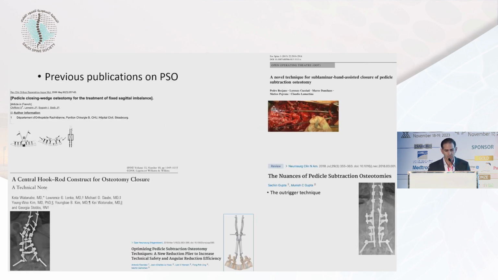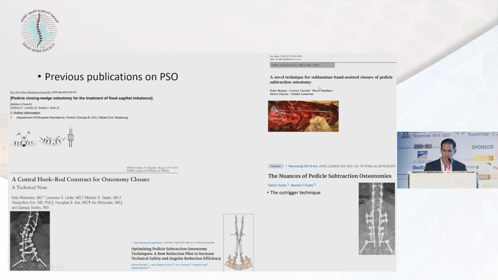So there have been several publications about how to close technically and specifically the PSO sites, such as using in situ bending or using a kind of central hook rod construct.